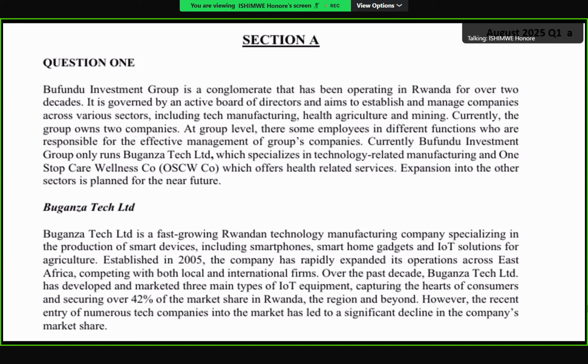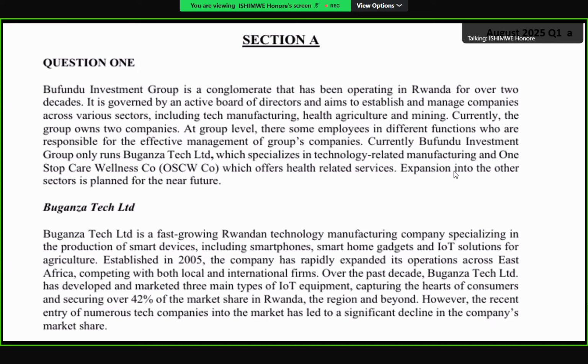Currently, the group owns 2 companies at the group level. There are some employees in different functions who are responsible for the effective management of the group's companies. Currently, Bufundu Investment Group only runs Organza Tech Limited, which specializes in technology related to manufacturing, and the one-stop care wellness company, OCCW Co., which offers health-related services.